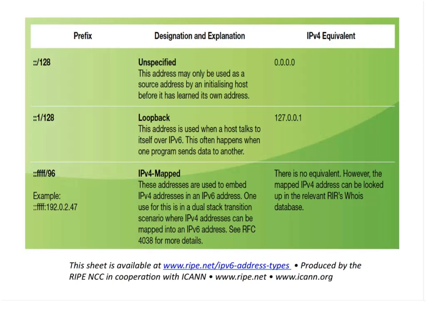And then second, you have the loopback, which you can compare directly to the IPv4 equivalent of 127.0.0.1. This address is used when a host talks to itself in IPv6. This often happens when one program sends data to another. So this is an address that will not be routed, it just sticks to the host device.